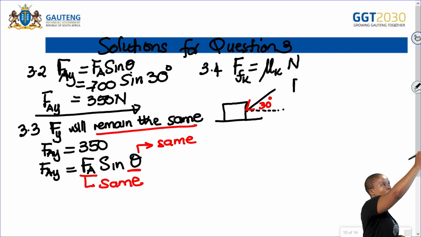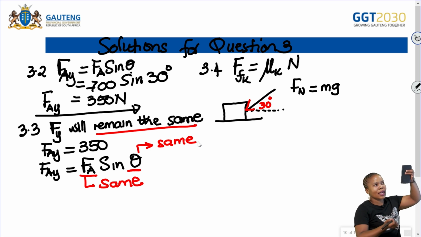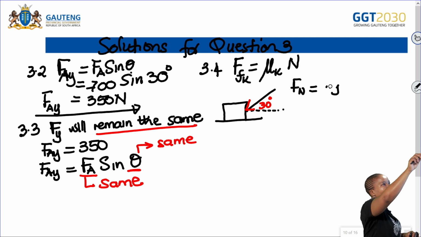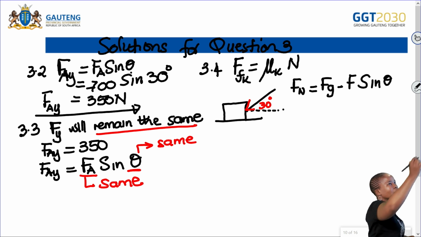The normal force in this case will be Fn is equal to mg, let's just start by saying Fg minus F sine of theta.